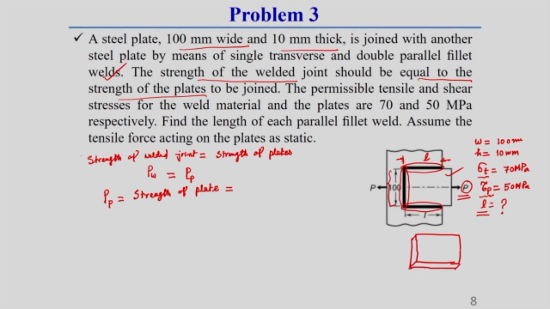If it is subjected to a tensile force P and if it has thickness T and width W, then due to this tensile force P, inside this plate there will be developed some resisting force, which will be equal to this externally applied load P.